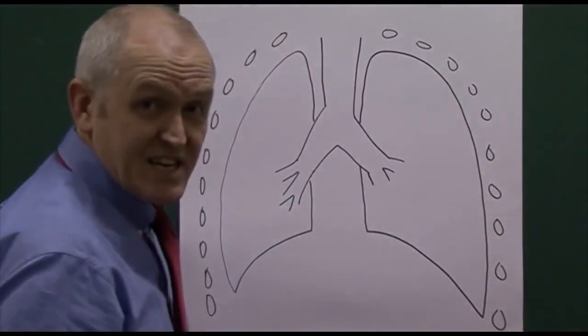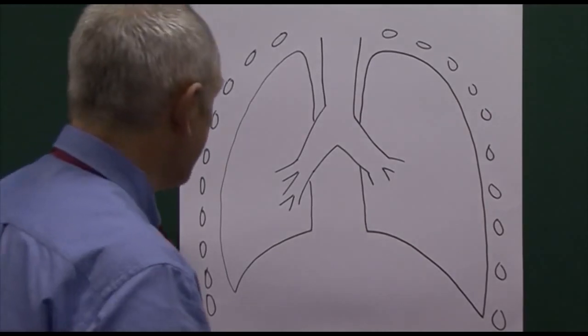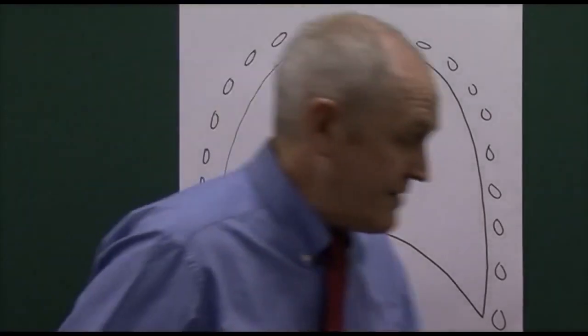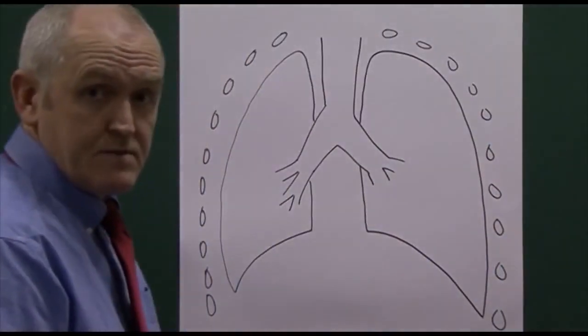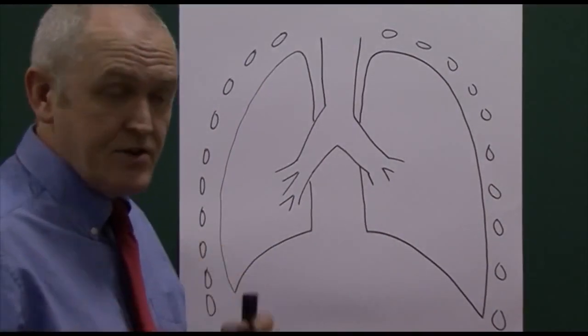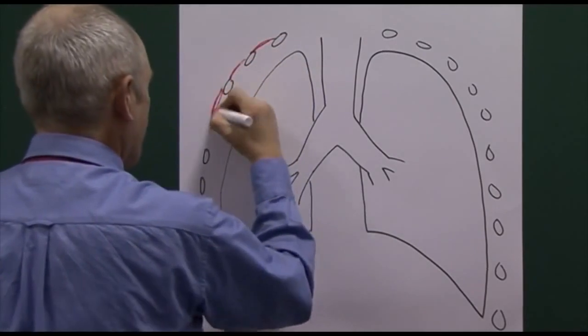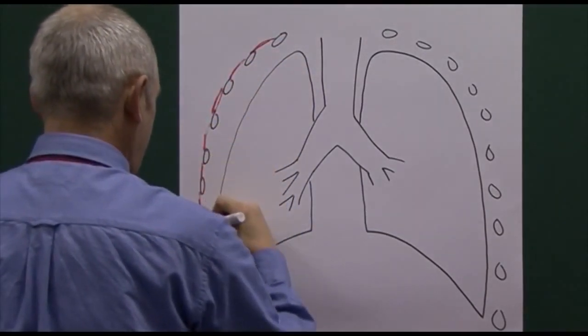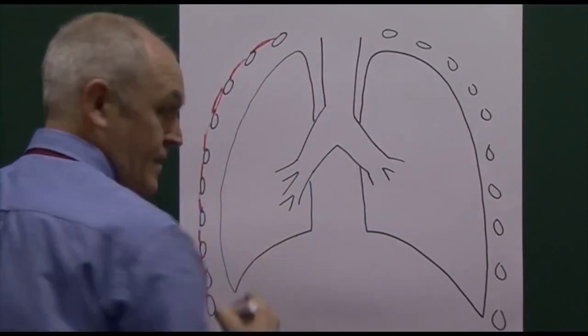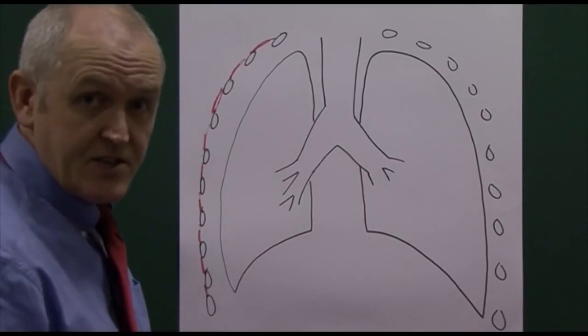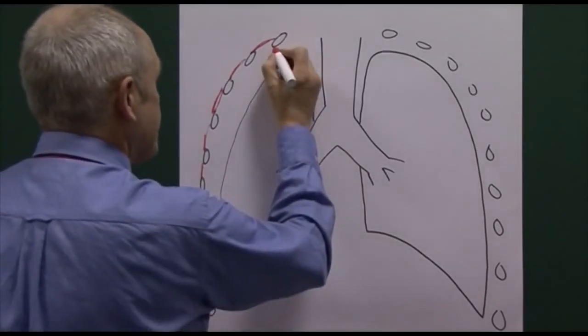So there we have cross sections of the ribs. And between the ribs we have the intercostal muscles. On the outside there's the external intercostal muscles. And on the inside there's the internal intercostal muscles.